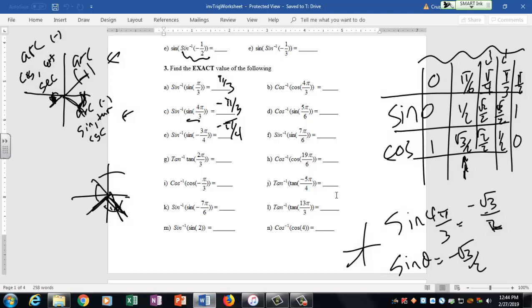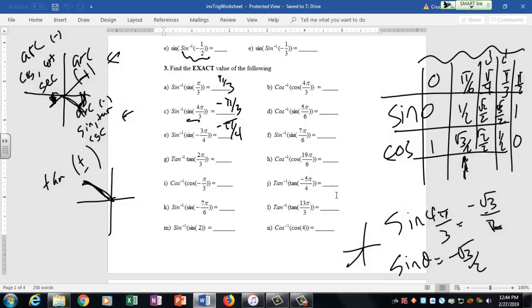Now, what is tangent 2 pi over 3? Well, tangent 2 pi over 3, isn't that here? Is tangent positive or negative here? Arctangent doesn't exist in that quadrant.